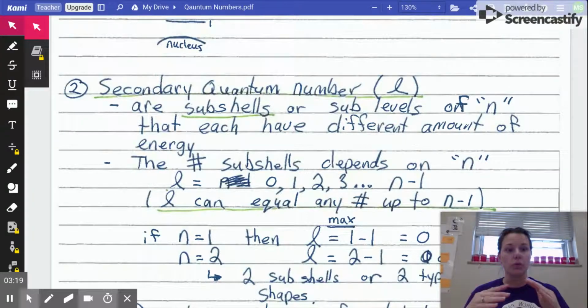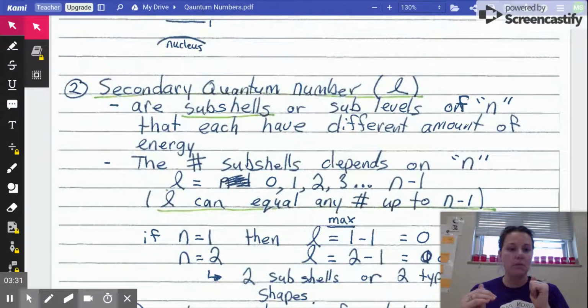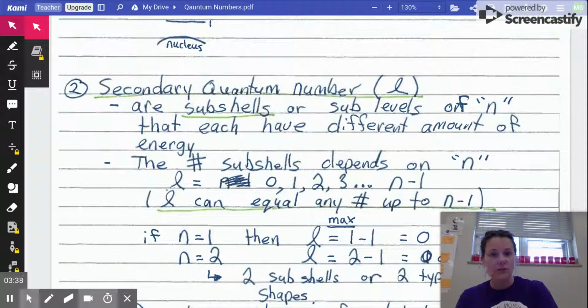When n equals 2, the second distance away from the nucleus where we can find our electrons, there is actually a 2.1, a 2.2, a 2.3, a 2.4. And so the number of subshells actually depends on what n is, because the further away from the nucleus, the more subshells there are that exist.